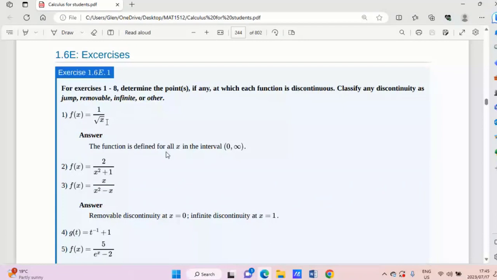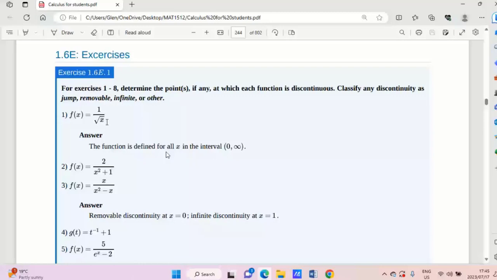I think our graph is infinite discontinuous at 0 and infinity, because when you substitute 0 on our graph, you get undefined. So I think the undefined graphs are infinite discontinuous. I don't know if my answer is correct or not.